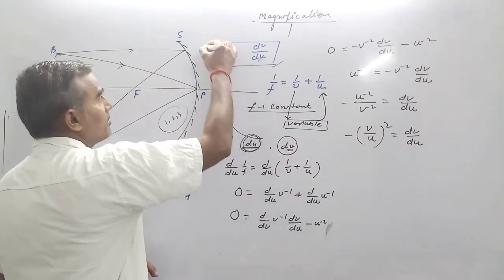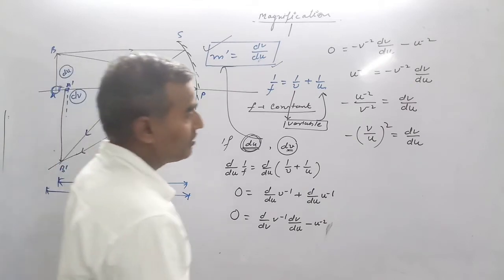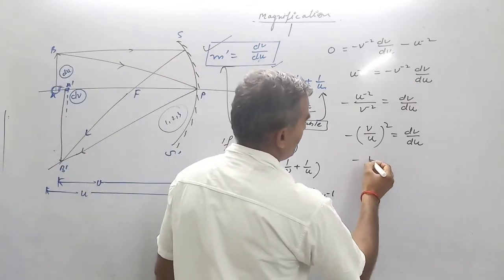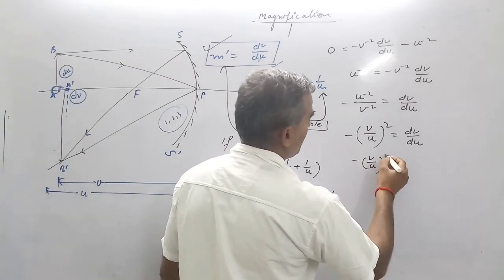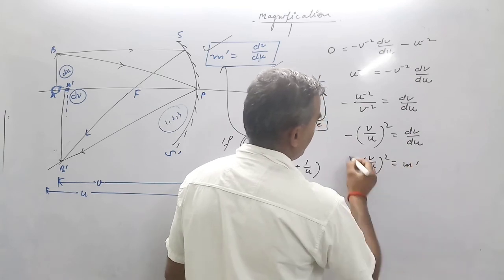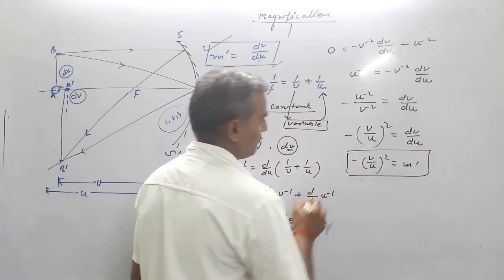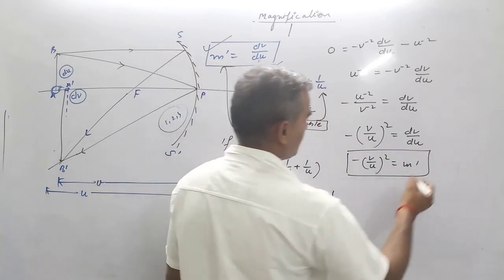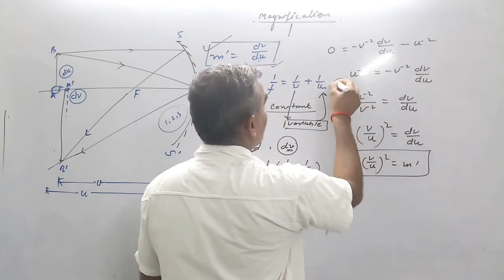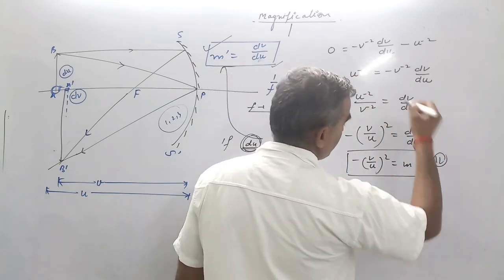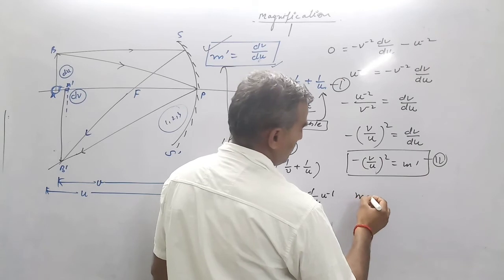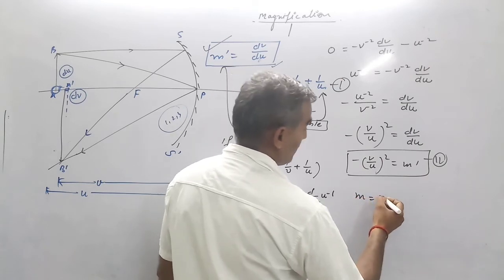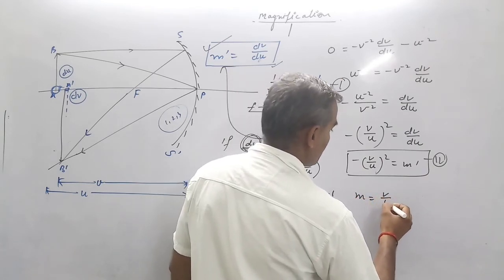Just look, this is the axial magnification. So minus v by u of the whole square equals m dash. This is the expression for axial magnification. Assume this one is the second, and linear magnification m equal to v by u is the third.